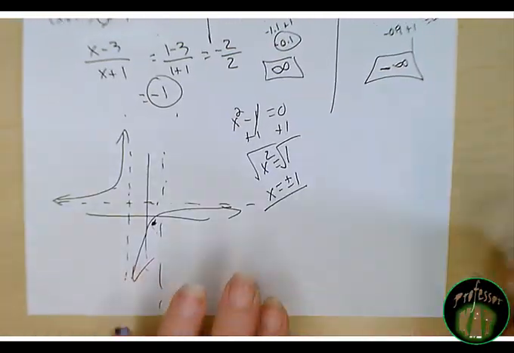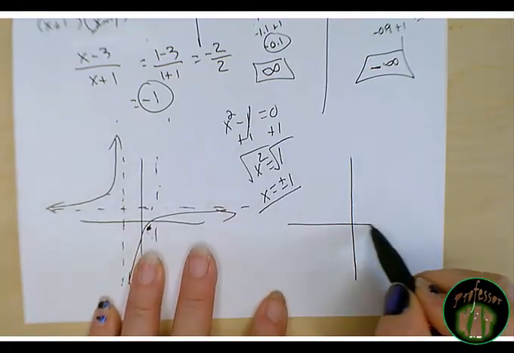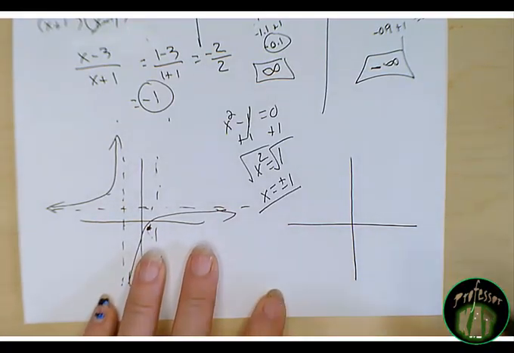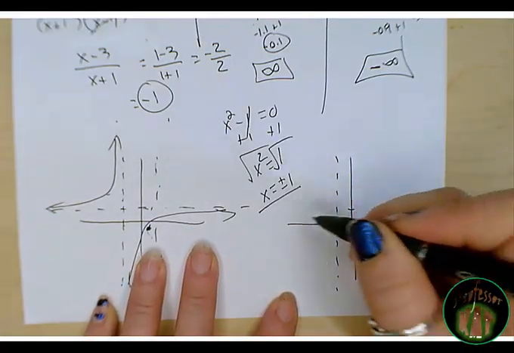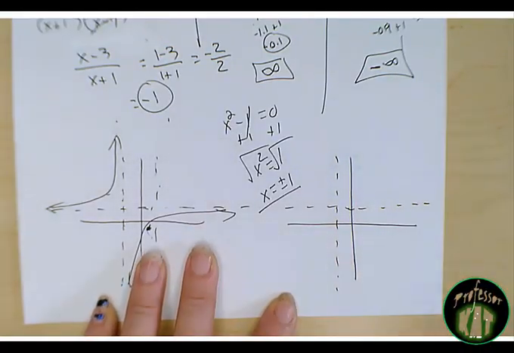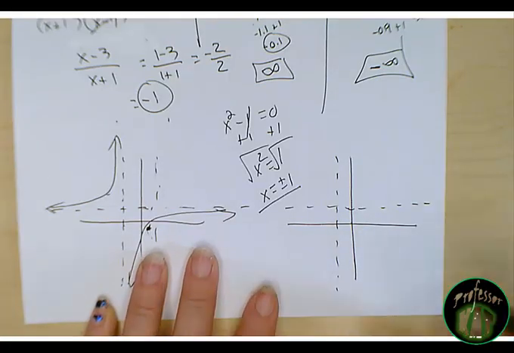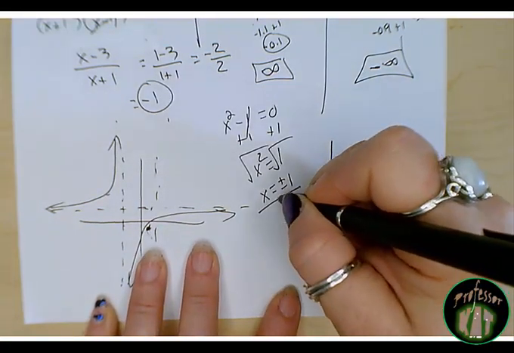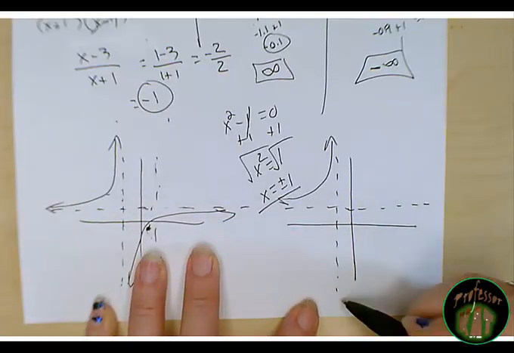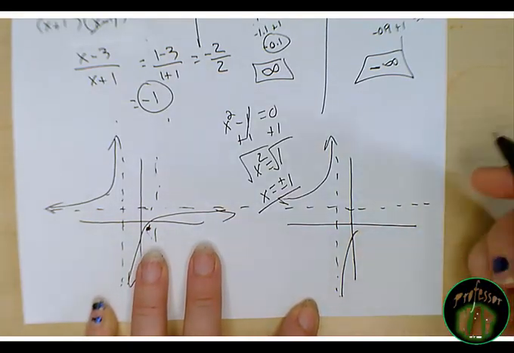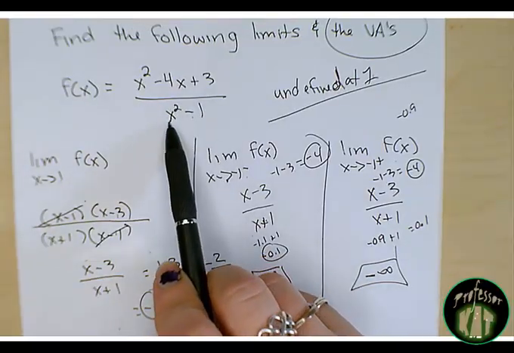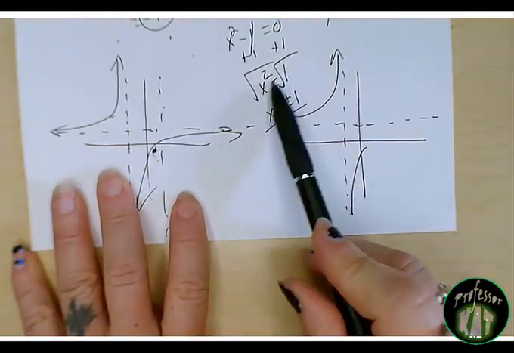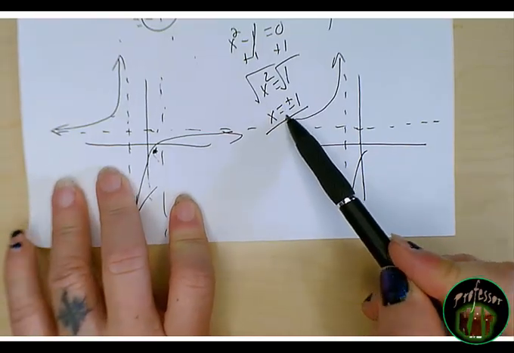Now, what we should actually know about this graph is very, very similar. We do have a vertical asymptote at negative 1. We do have a horizontal asymptote at positive 1. Our graph is going to shoot off like this on the left, and on the right-hand side, it's going to look very similar. But what we found out here, again, is that our denominator cannot equal a positive or negative 1.